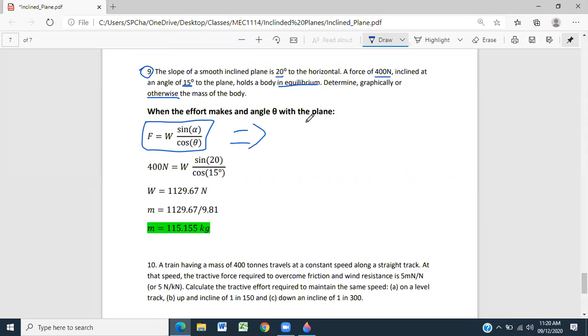We can say the component of the force parallel to the plane is F cosine theta, and it moves along the length L, and the work done on the body is W times the height lifted, which will be H. You can alternatively use this instead of this. The formula is easy, yeah?